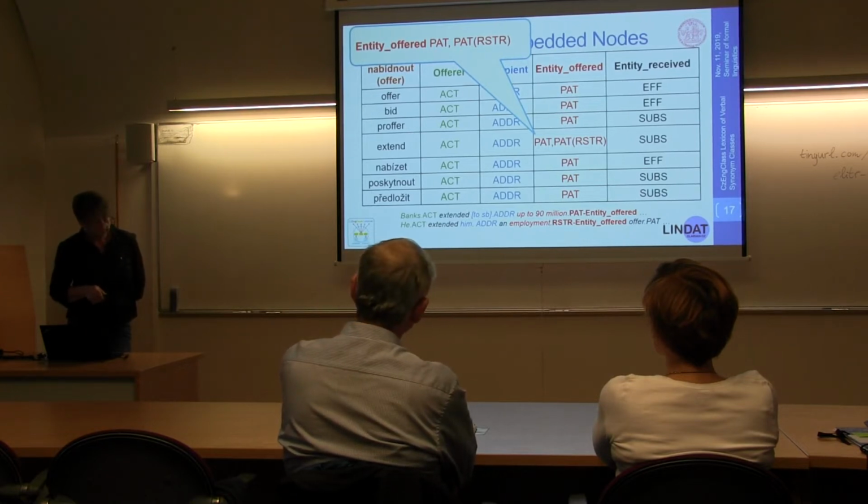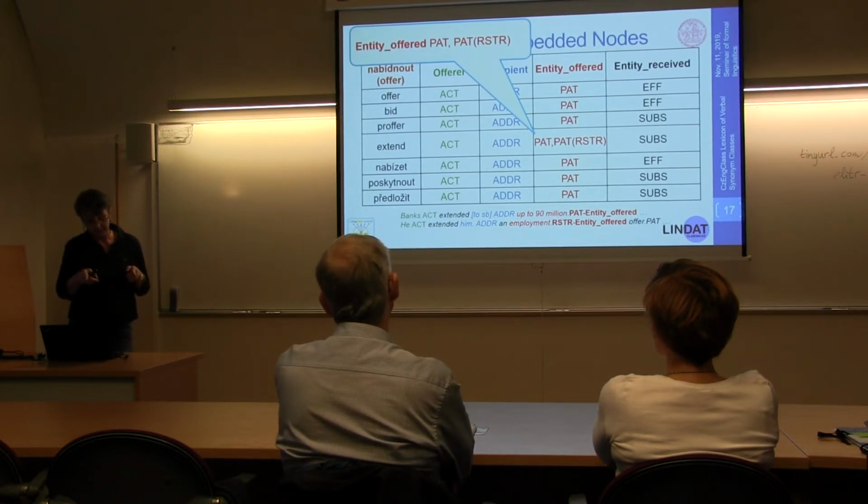So in this case we have to use the brackets and say that the entity offered semantic role is connected to some embedded valency argument or valency modification, and this is the restrictive attribute, and this one is a dependent of the patient.